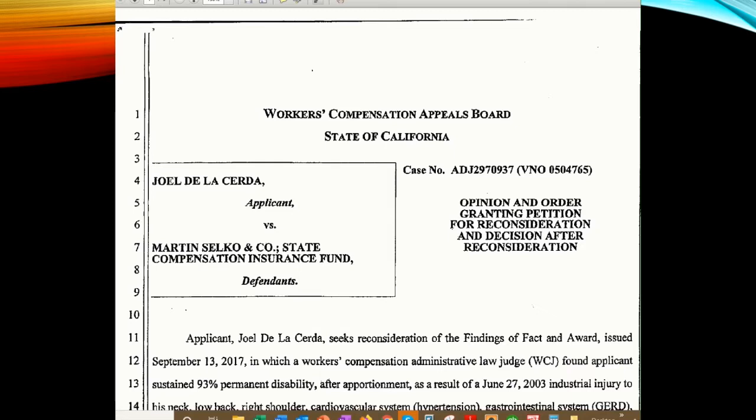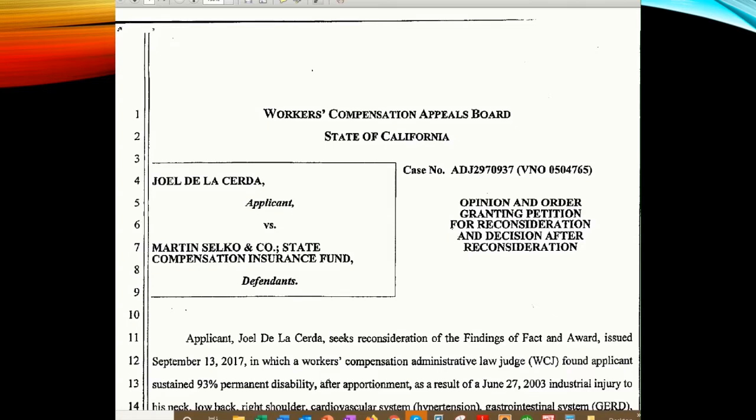The AMA Guides tell us that there is no established best way to combine impairments, whether we're combining multiple impairments or impairments to multiple body parts. But the Guides suggest the use of the combined values chart on page 604 of the AMA Guides.